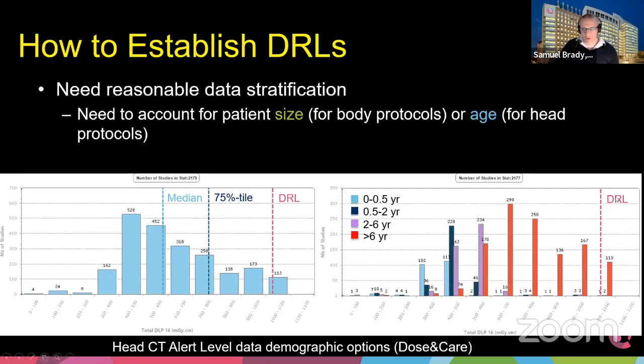In fact, if I were to apply this DRL value to my half year to 2-year-old, this dark blue, they are all under the DRL. In other words, the DRL doesn't help me understand really statistically how well I'm doing for that patient demographic.